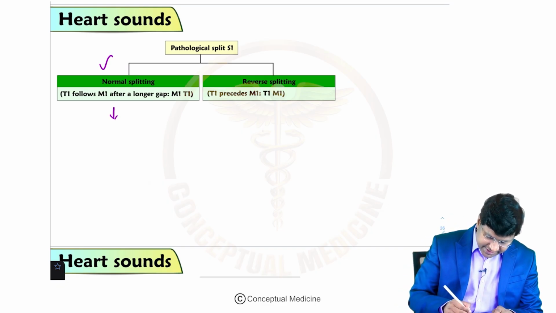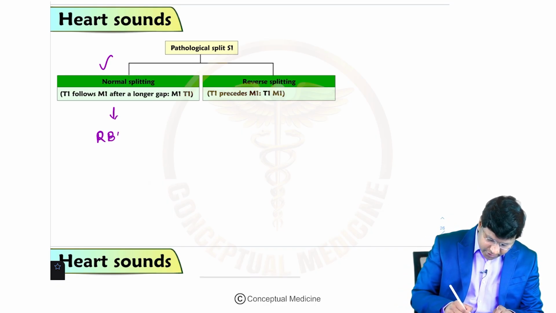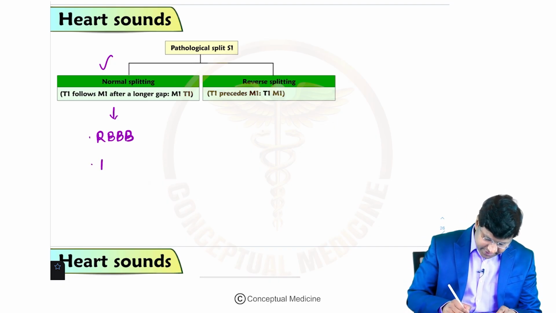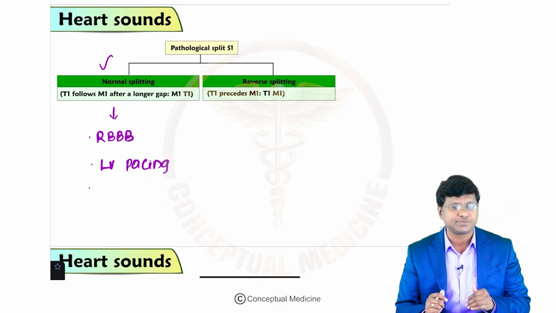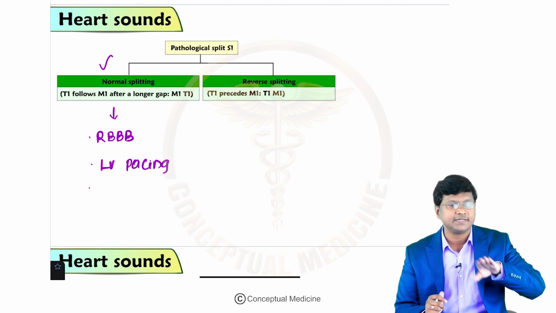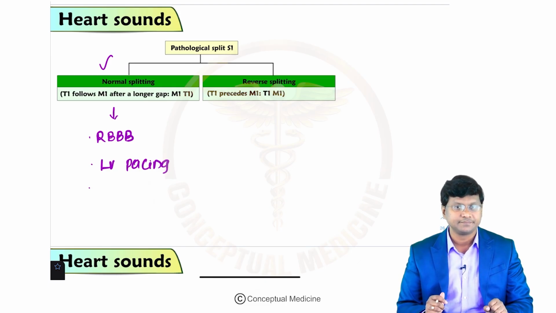You will come across this in patients with right bundle branch block, and in patients with left ventricular pacing. So in left ventricular pacing also the same story. Left ventricle will contract first and followed by that the right ventricle will contract later.